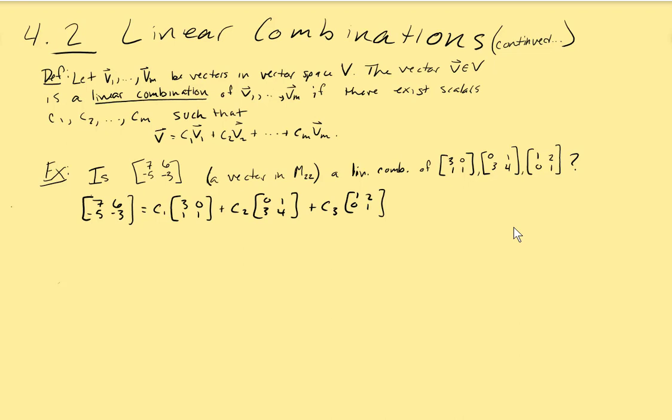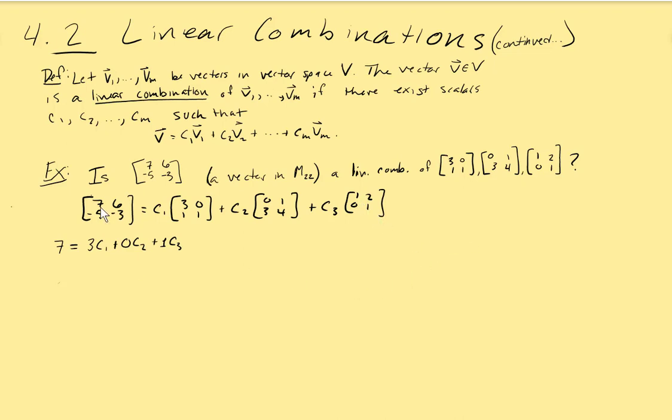So for example, this matrix equation is telling us 7, the entry in the first row, first column of the left matrix, must equal 3C1, 0C2, I'll even write it here so it's clear, plus 1 times C3. That's just from multiplying these scalars into the matrices and seeing what those first row, first column components look like.